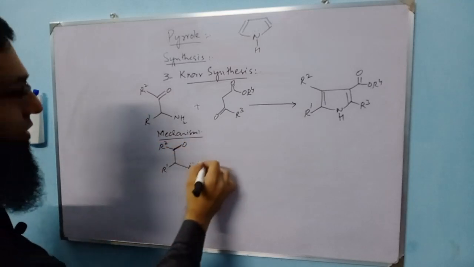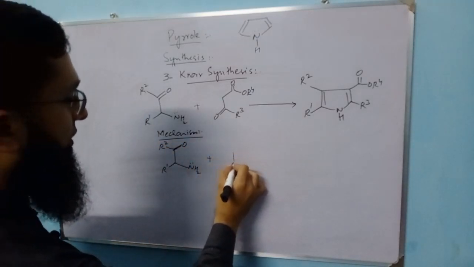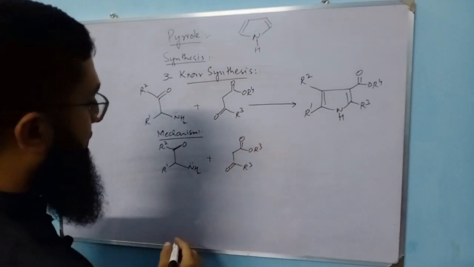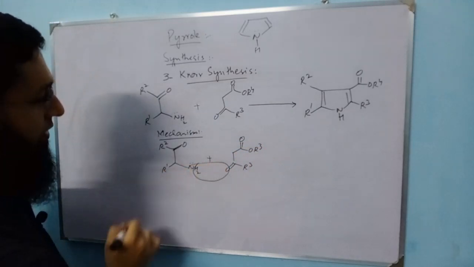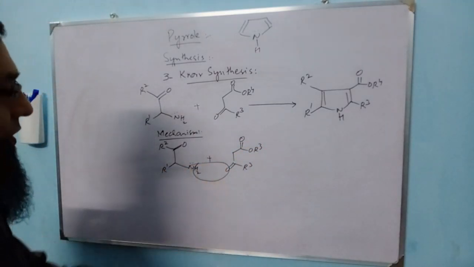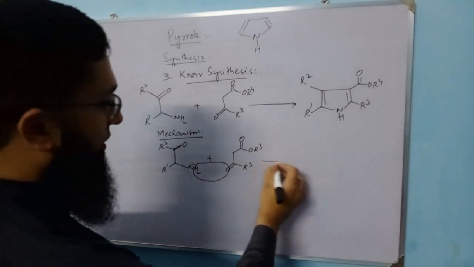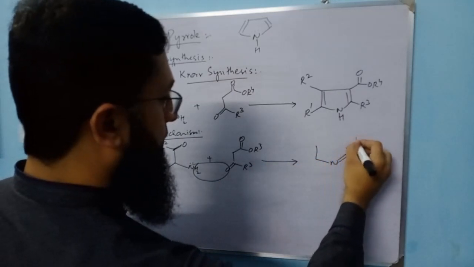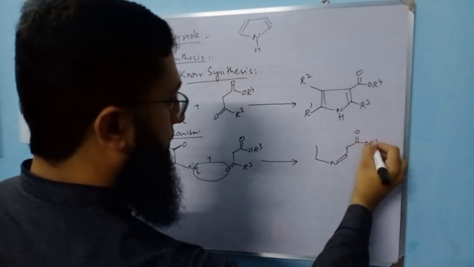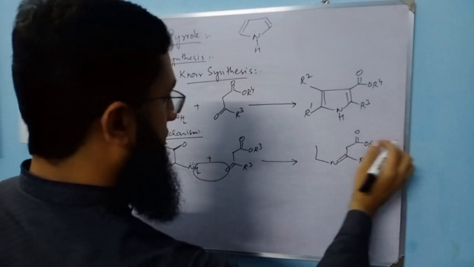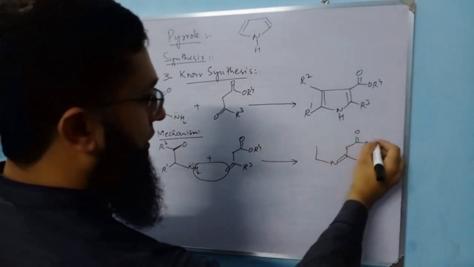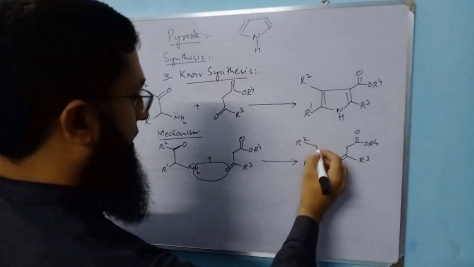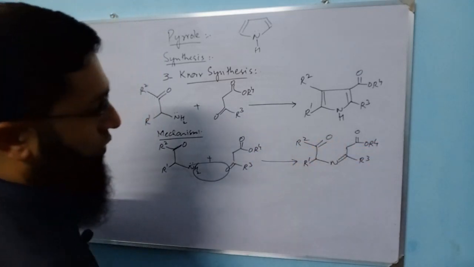This reaction is quite similar to Hantzsch synthesis. In the first step, again condensation between these two groups would take place, and we would get this, this is R4, and we would get this molecule.